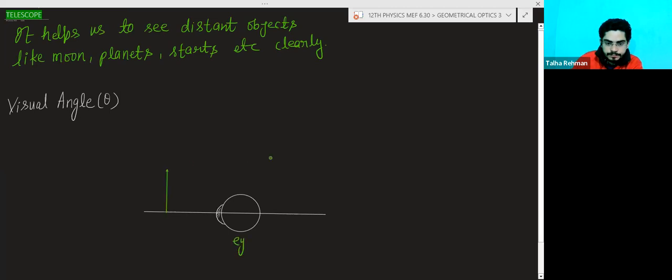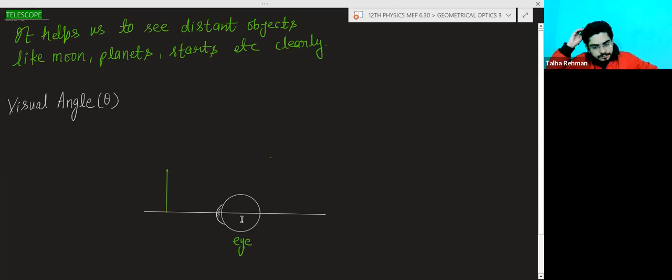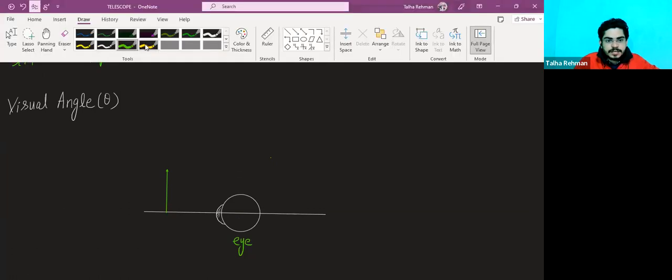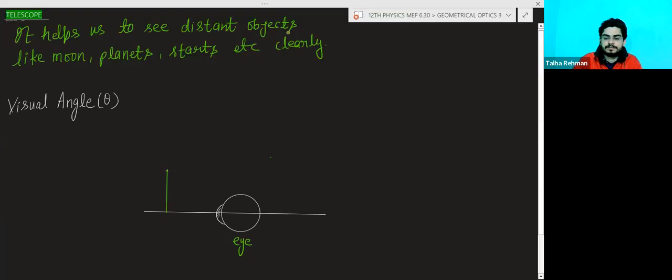This is the eye. Here is this cornea and this is the retina. The back part is the retina. So if this is the object and this is the eye, then the angle this object is subtending on the eye will be the visual angle.